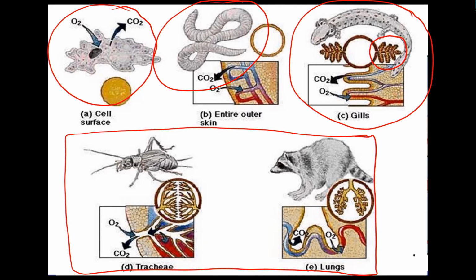One is by having a series of air tubes taking the oxygen directly to the cells, those are the trachea, or like us, having special organs called lungs. But wherever that surface is found, that is where the oxygen actually goes into the body of the animal.